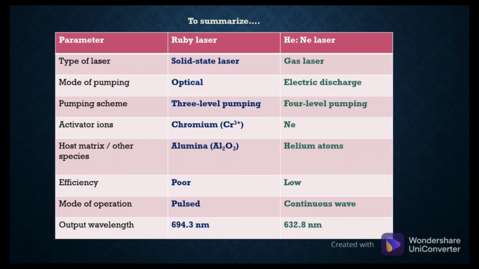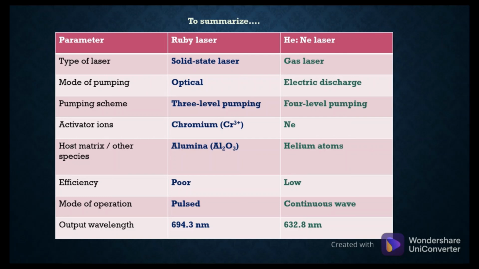The mode of pumping adopted in ruby laser is optical pumping with the help of a xenon flash lamp, and in helium neon laser it is through electric discharge. We apply a potential difference of the order of a few kilovolts between the anode and the cathode, and we ionize the gas. The pumping scheme in ruby laser is 3-level pumping, and in helium neon laser it is 4-level pumping. The activator ions in ruby laser are chromium ions.